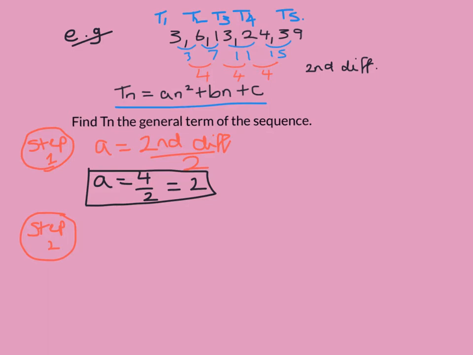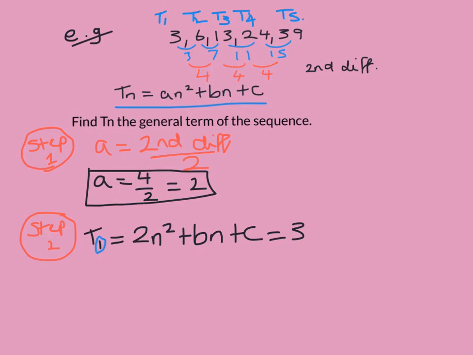So when we look at that, we're going to write something to represent T1. Well, we know our a term, first of all, is 2, and we have n squared. And then we have plus bn, we don't know b, plus c. And we know that that's all equal to our first term of 3. Now we can replace those n's with 1, because as you can see I have T1 here.